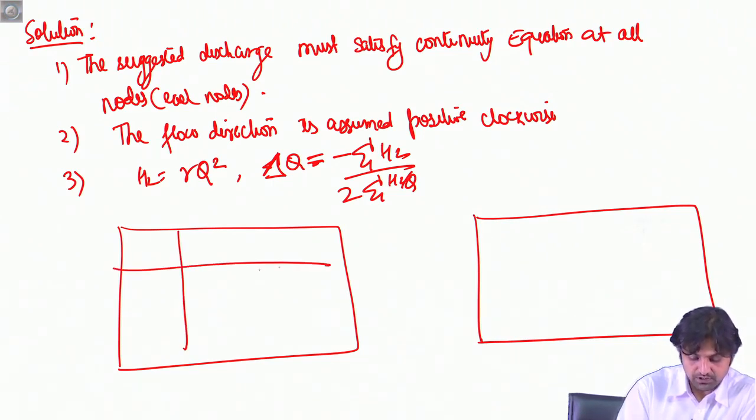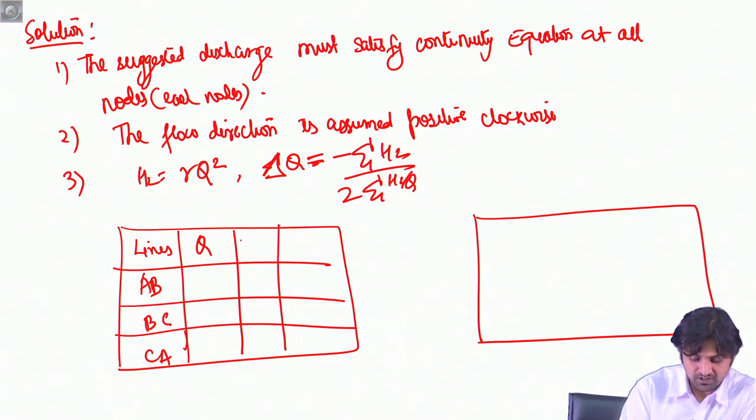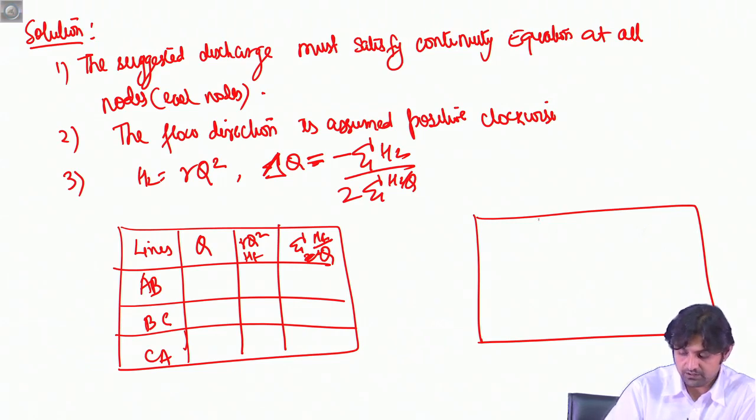So the lines here will be AB, BC, CA. There is going to be Q that you have assumed, and then you have RQ square, or HF is equal to, and then you have sigma HL by Q, all right.